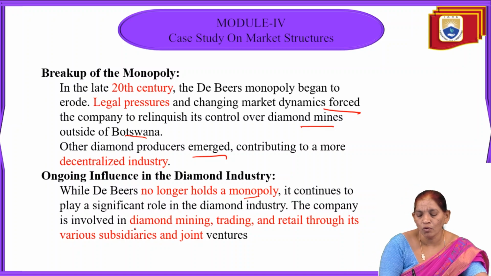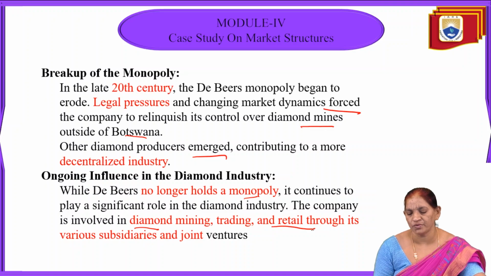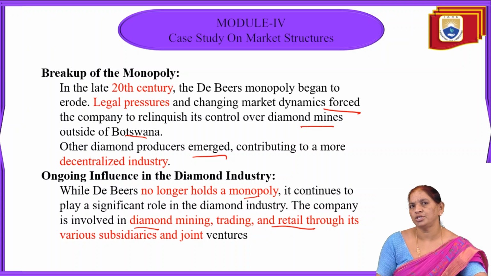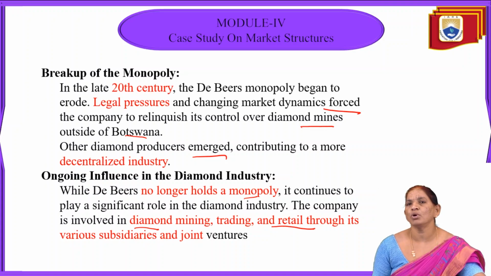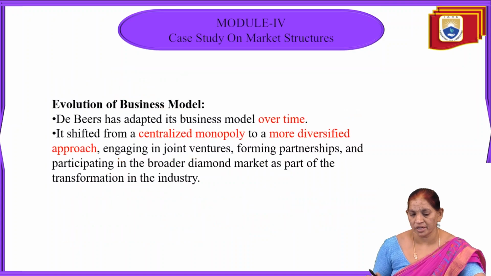The company is involved in regular diamond trading and also retailing through its various subsidiaries and joint ventures. So though the monopoly was broken up, it has a long-standing production and a good distribution network, so it automatically has a tremendous impact upon the diamond market.